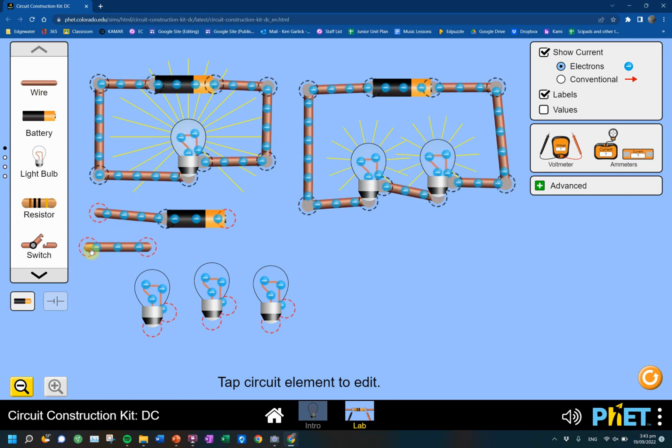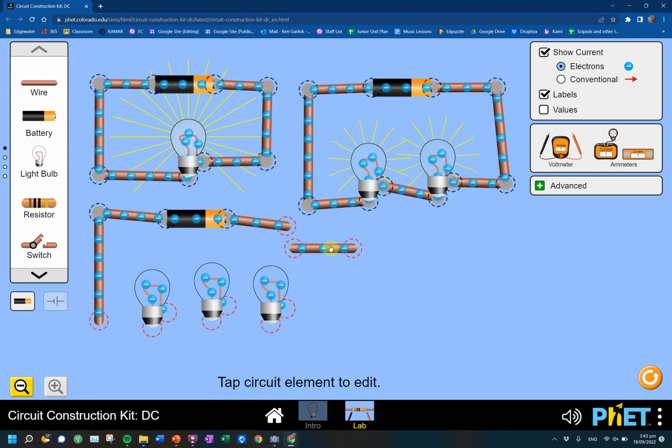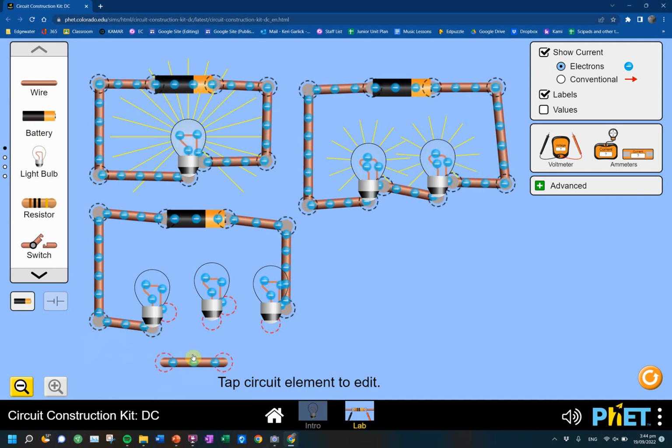That's what I want to do. Wire, wire, wire, wire. And then just making sure I connect them properly.